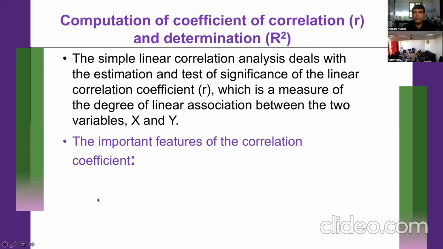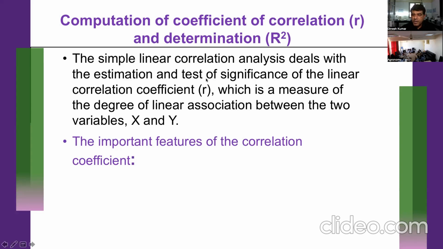Now, computation of coefficient of correlation and determination. I already promised you that I will tell you how to calculate the coefficient of correlation. It tells us the strength between two variables, between nitrogen application and mustard yield. So how can we calculate the coefficient of correlation and coefficient of determination?